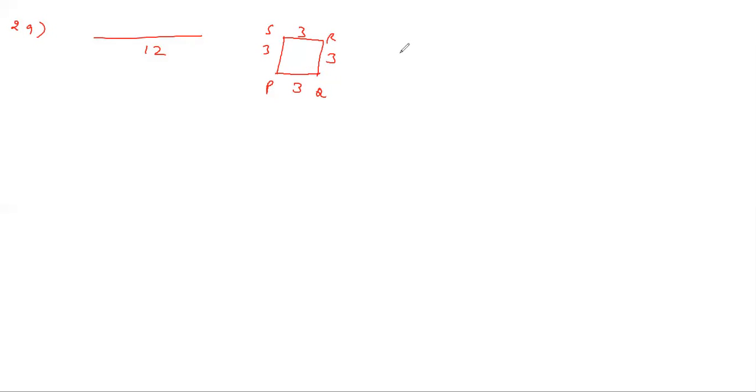Now what you have to find? Next it is converted into isosceles triangle PQT, so that side PQ is same. So only isosceles triangle.